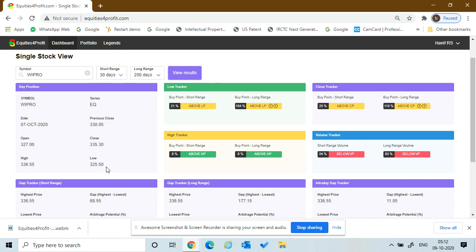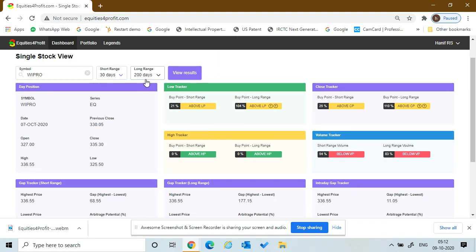Now, whether you can buy it through an off market command or not, we get to know by the low close tracker that today's close is almost 25% above the lowest point of the last 30 days, and today's close is almost 110% above the lowest point of the last 200 days. So today's close, which is 335, is almost 100% above the lowest point of the last 200 days.